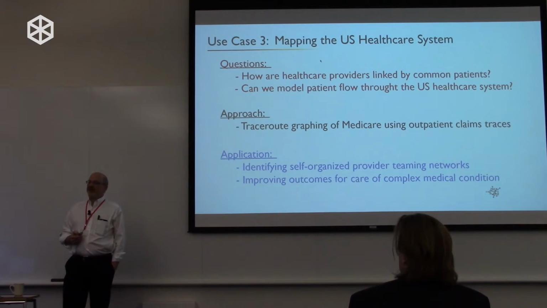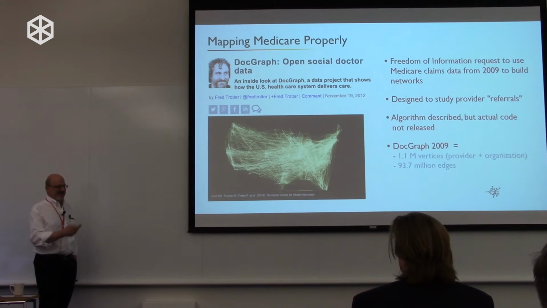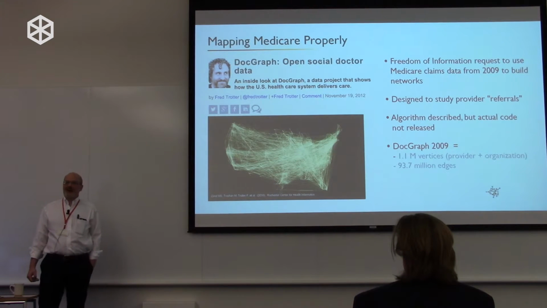Can we create large graphs of the healthcare system by claims data? So the data set, this idea was started by a guy named Fred Trotter, who some of you may be familiar with, who initiated a Freedom of Information Act request to get the Center for Medicare Services, or CMS, to release data that would allow him to link providers to each other.